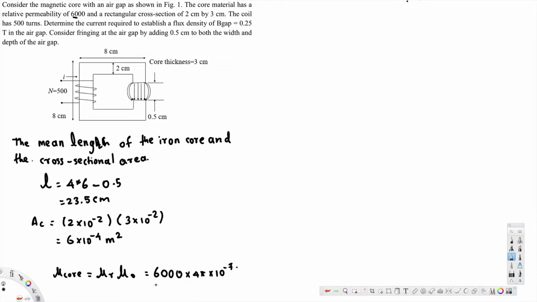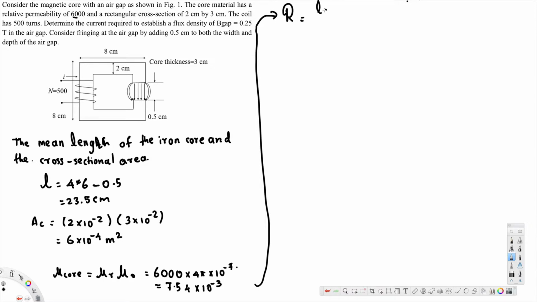And if we calculate this, that gives us 7.54 times 10 to the power of minus 3. Now the next thing is we are going to calculate the reluctance. Reluctance is equal to L core divided by mu core times A core.